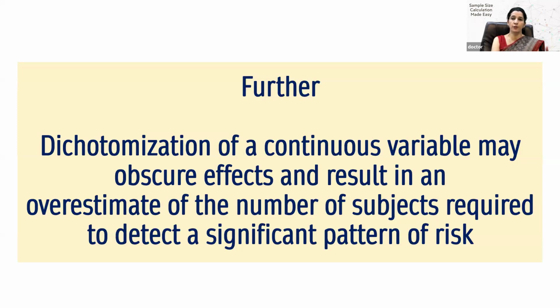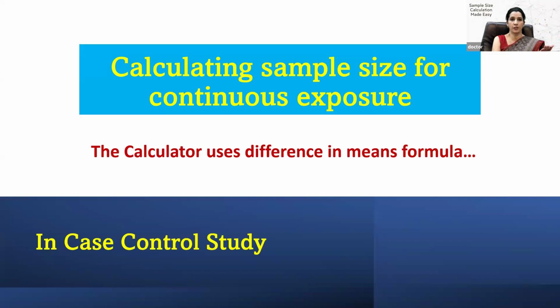Dichotomization of a continuous variable many times decreases the effect, or obscures the result. So you don't want to reduce the power of your variable, and that's why you can use the continuous exposure.